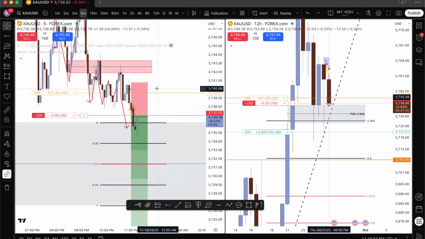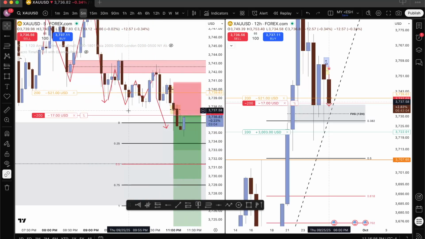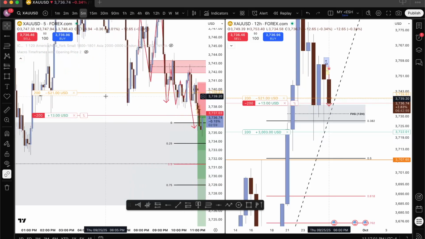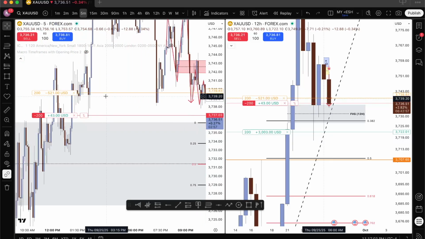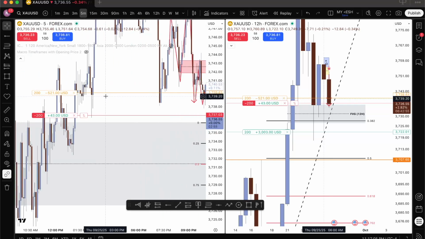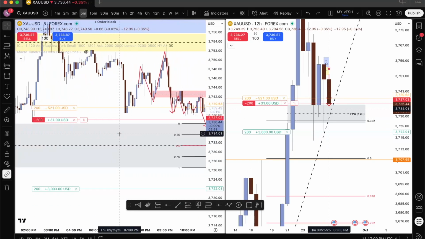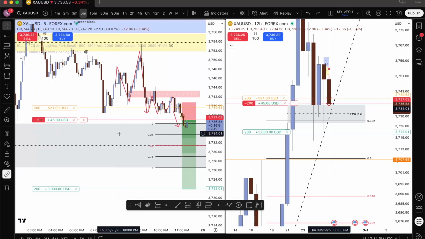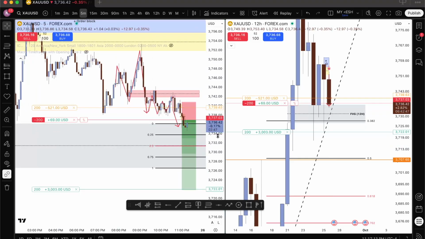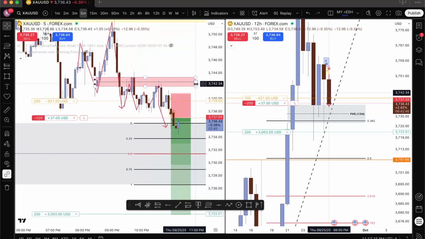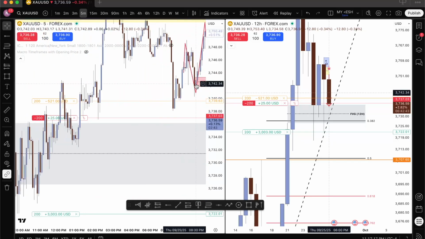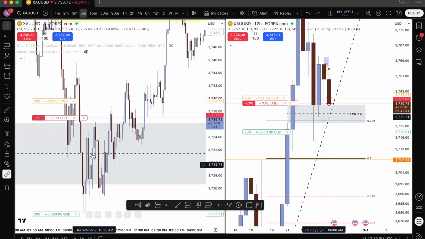We're gonna switch up to a 5-minute. High resistance right here. You can see the sellers are struggling to push price down. Buyers are holding up.